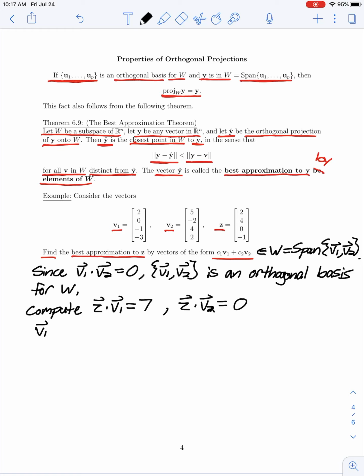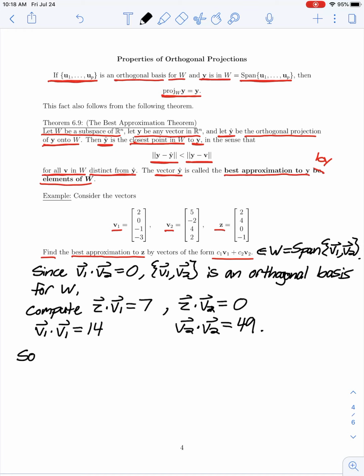The dot product of v1 with itself would be 4 plus 0 plus 1 plus 9, so altogether 14. And the dot product of v2 with itself would be 25 plus 4 plus 16 plus 4, which gives us 49.